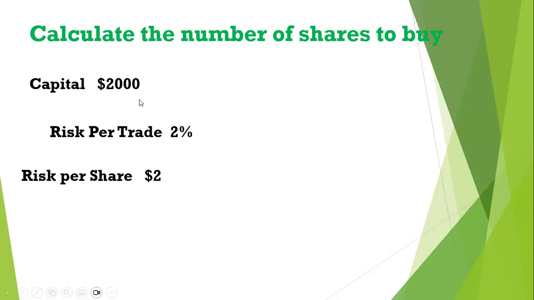So on this trade, the most you want to lose is $40, because your risk per trade is 2%. The risk per share is $2, right? From the entry price to your stop loss has to be $2. So now let's do the calculation. You will do 2,000 times 2% divided by $2.